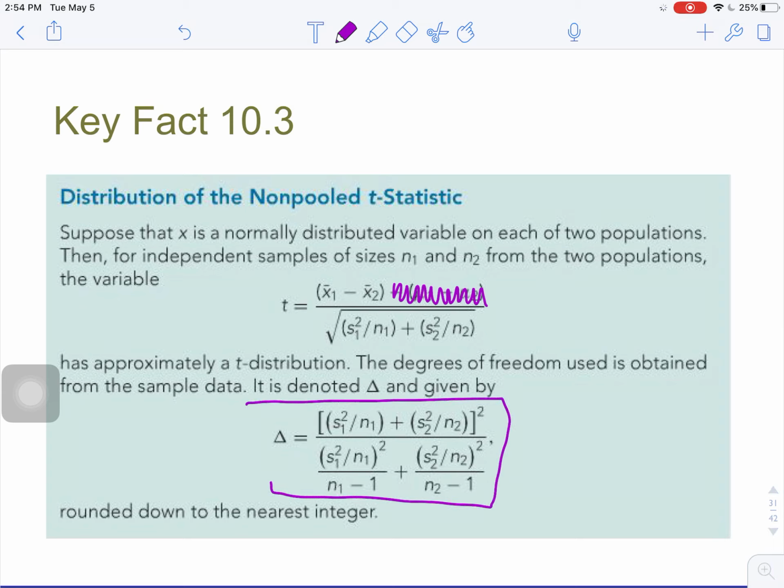But then we have this lovely thing called delta. Delta is another monstrosity of a formula, so we have to be very careful at how we are setting things up and how we are calculating as well. Delta is going to be the degrees of freedom when we have two very different standard deviations.